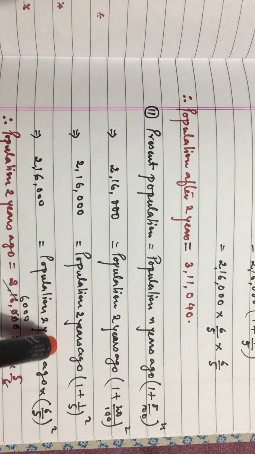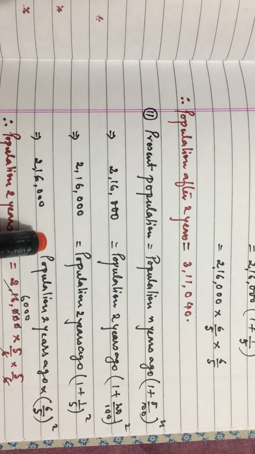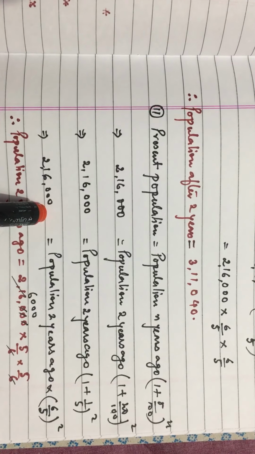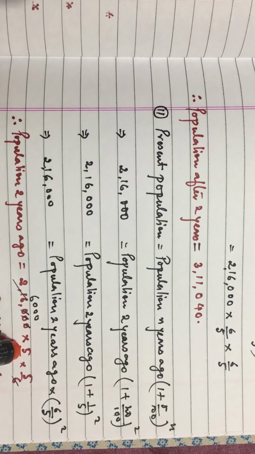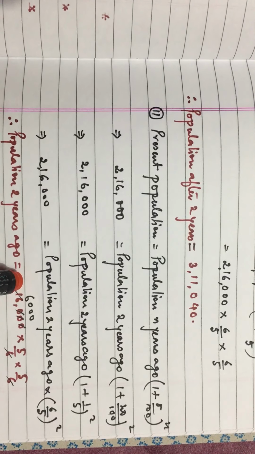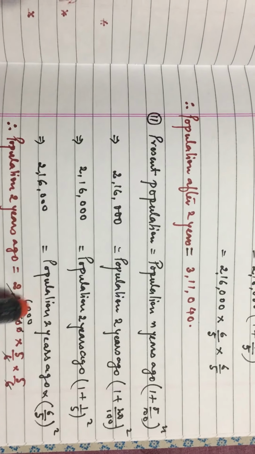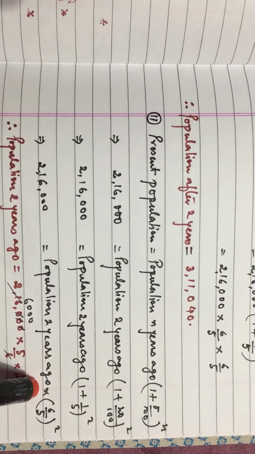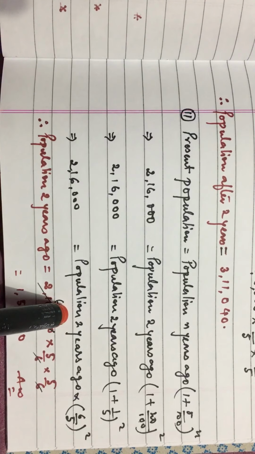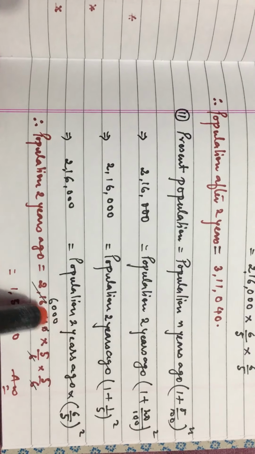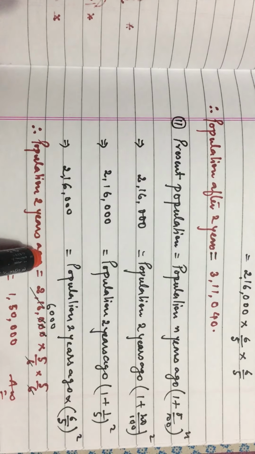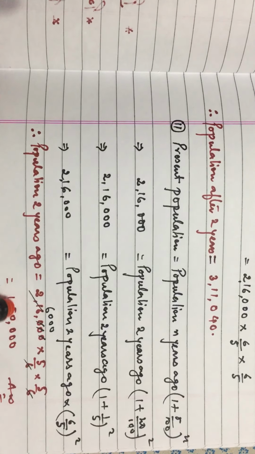So for the population 2 years ago, when we change sides, it becomes 5 by 6, and 6 sixes are 36, and 2,16,000 is cancelled by 36 in 6 times, and these 3 zeros. So 5 fives are 25, and 25 into 6 is 150, with 3 zeros. So the population of the town 2 years ago was 1,50,000.